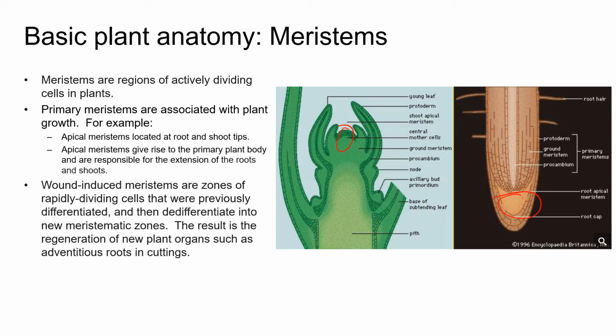This is an important process in vegetative propagation techniques, where we need stem cuttings, for example, to develop new root systems and leaf cuttings to develop both new shoots and new roots. But let's talk a little bit more about differentiation so that we understand this concept a little more clearly.